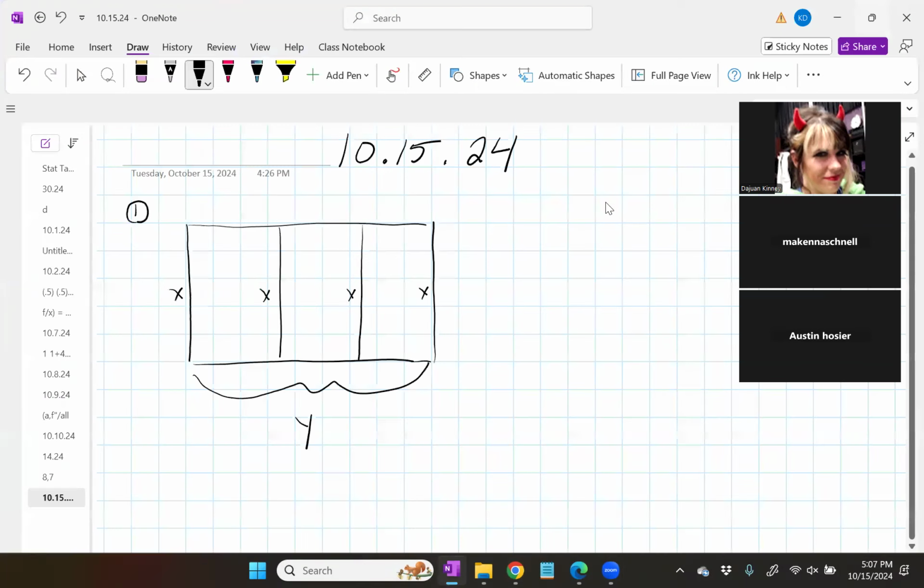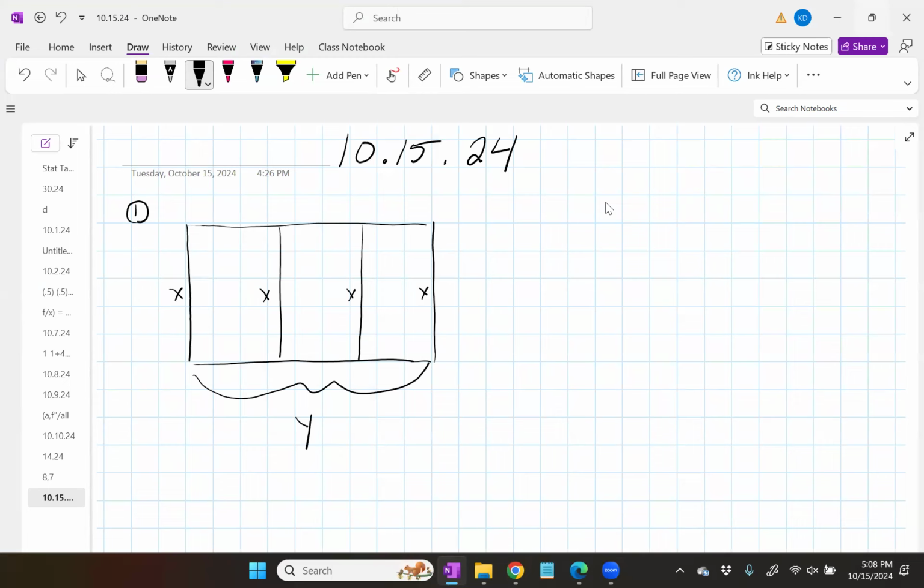Okay. The first one on here requires a picture. I didn't have a quick way to type the picture up into the note file. So there's our picture. Okay, I'm just going to go for it. So we have a rancher with 400 feet of fence, and he or she really wants to make a corral, like a little yard thingy.